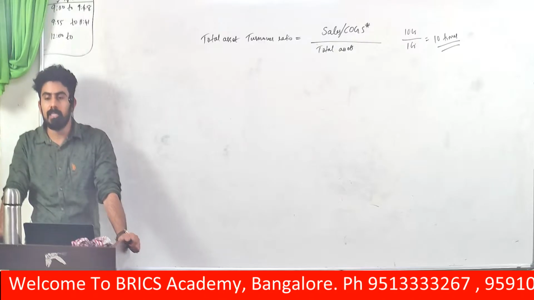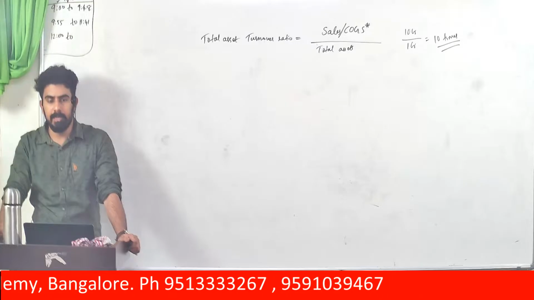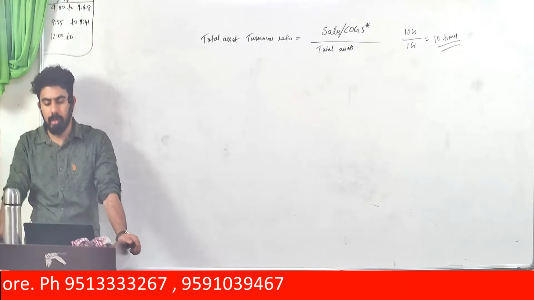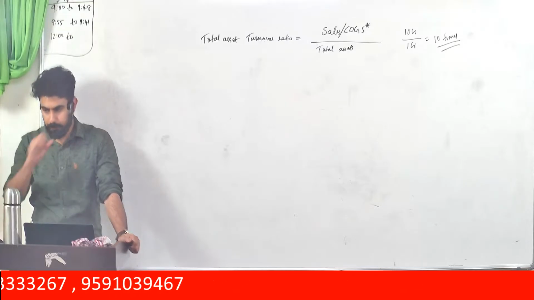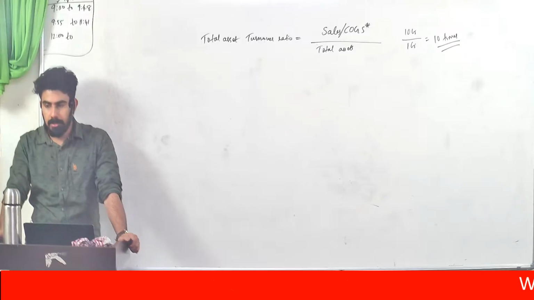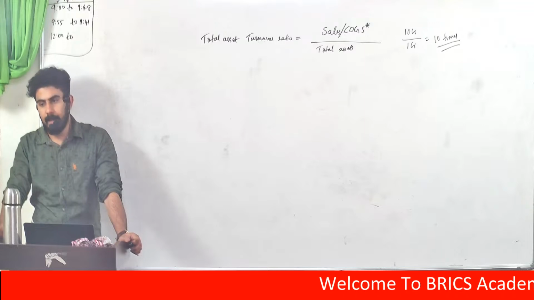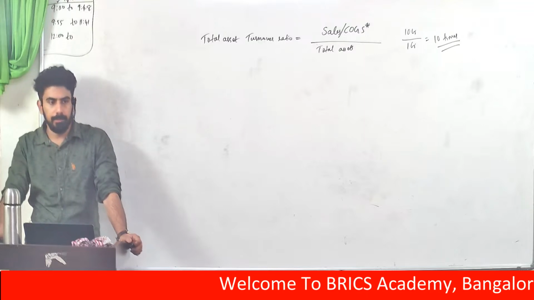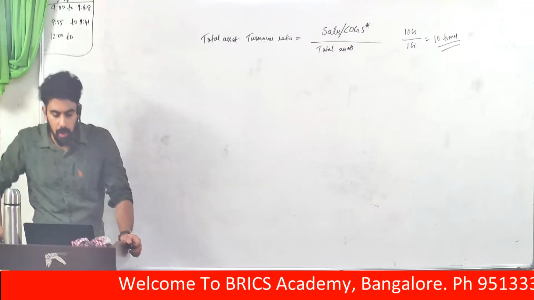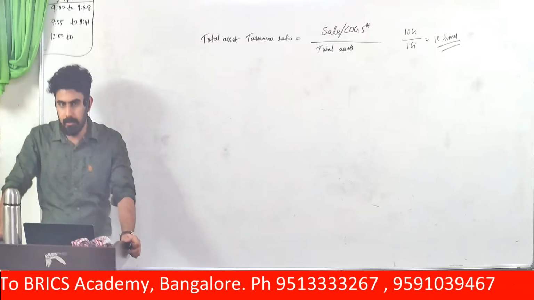This ratio is also called the capital turnover ratio. Write in brackets, net asset turnover, you wrote, right? In brackets you write capital turnover ratio. So capital turnover ratio and net asset turnover ratio are exactly the same. Capital turnover ratio is basically using the capital employed term. So net asset turnover ratio or capital turnover ratio, both are the same: sales or COGS divided by net assets.